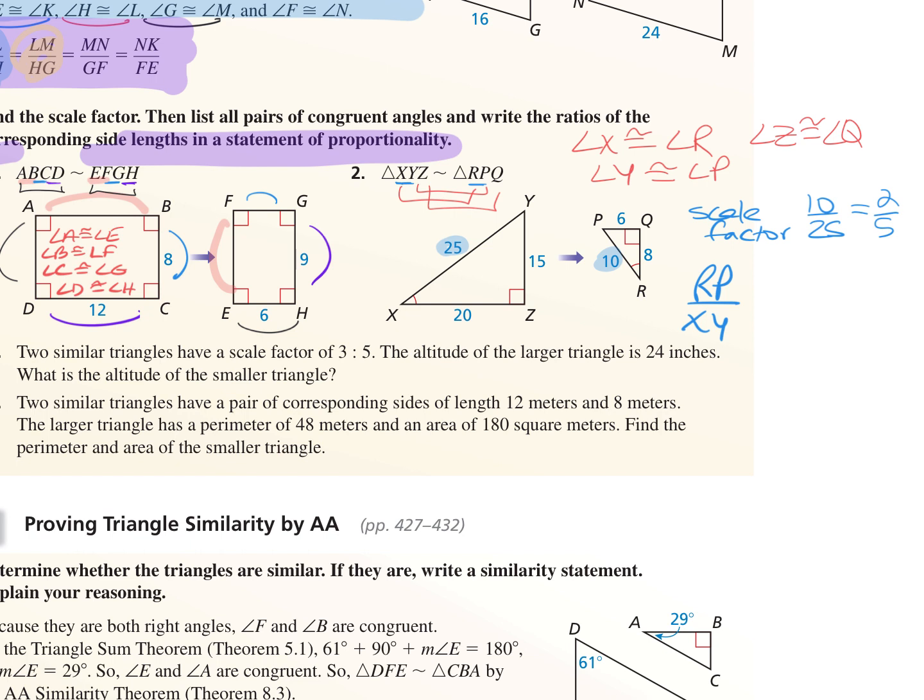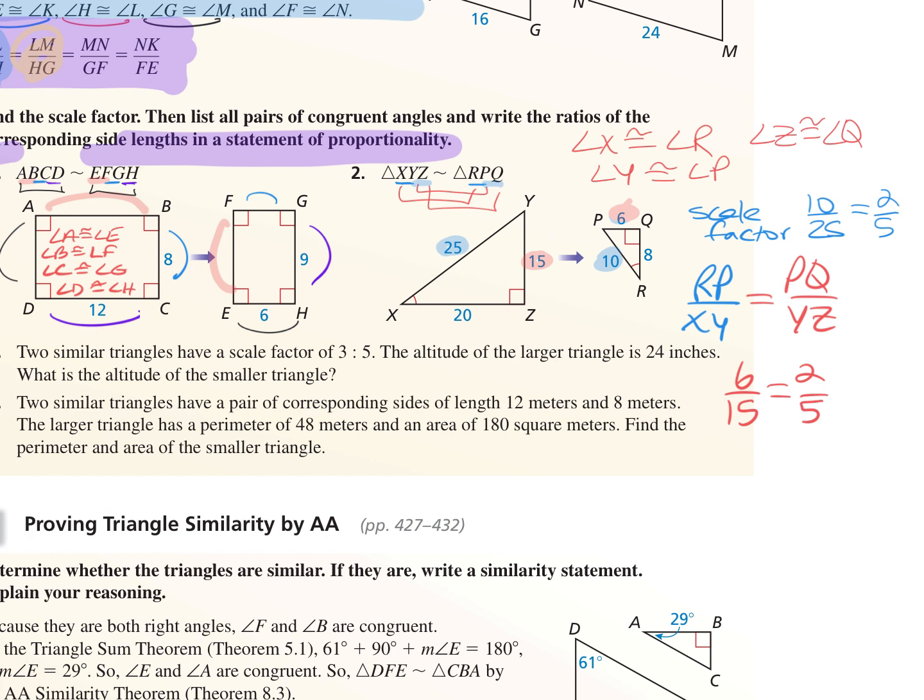So if I take the next two letters, the Y and the Z, and the P and the Q, PQ is here, and then YZ is here. So if I put PQ and then YZ, and again, if I test out this fraction, I can divide them both by 3, and it also simplifies to 2 to 5.